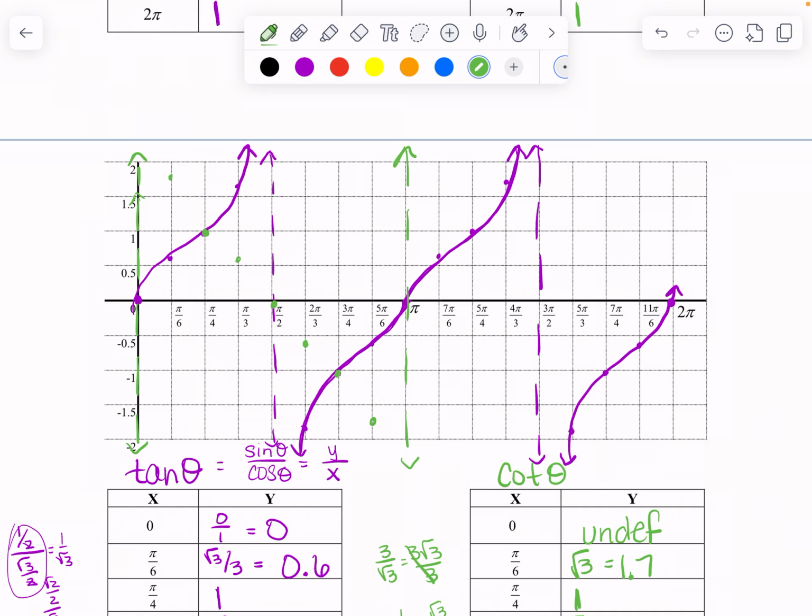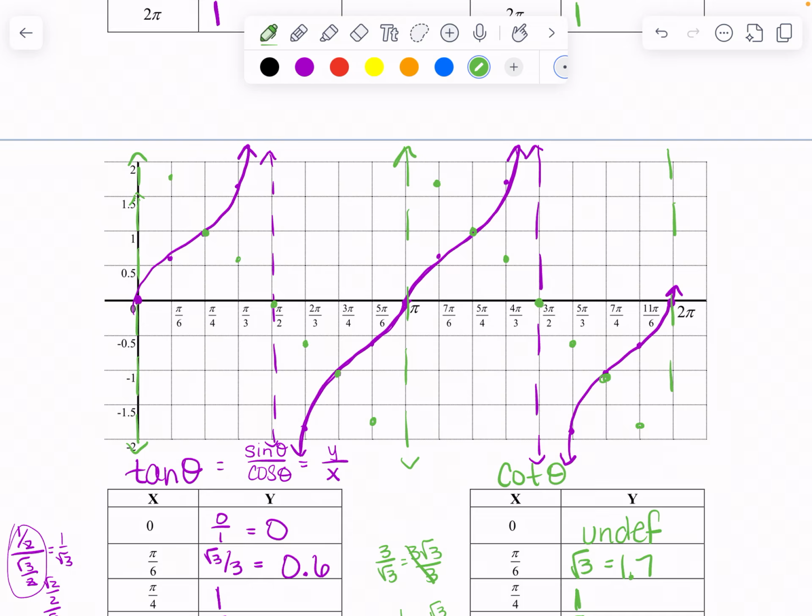At pi, 1.7, 1.6, 0, negative 0.6, negative 1, negative 1.7, back to asymptote.